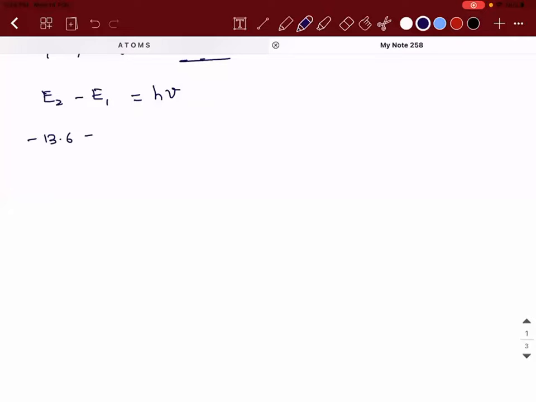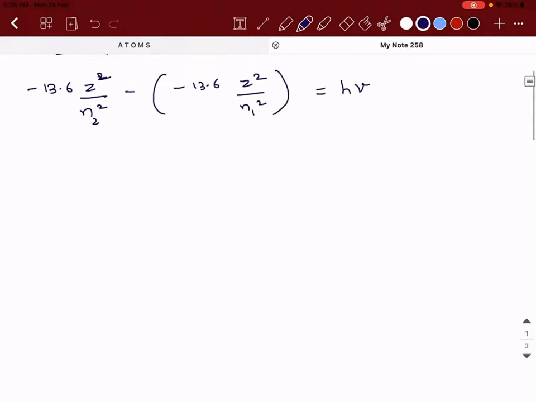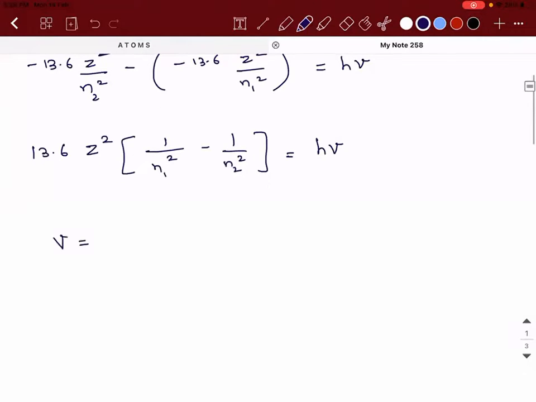Minus 13.6 into Z square divided by n2 square. Correct? Minus 13.6 into Z square divided by n1 square. This whole thing will be equal to h into nu. So if I take the 13.6 into Z square outside, I get 1 by n1 square minus 1 by n2 square is equal to h into nu. So nu will be equal to how much, guys?